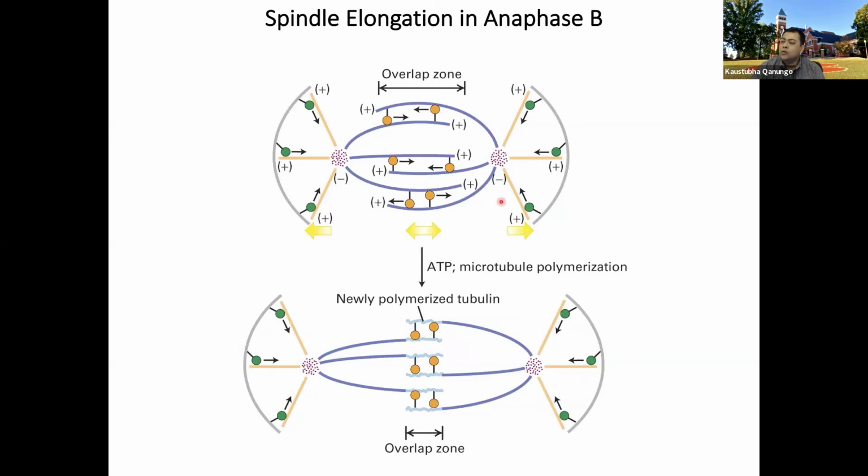So let's take a look one at a time. What we are looking at is the overlap zone of the polar microtubules. Right here, you have a kinesin. This kinesin is attached to this end, and remember the kinesin moves towards the plus end, and here it is attached to this plus end as well. This will push this way, and this will push it this way.